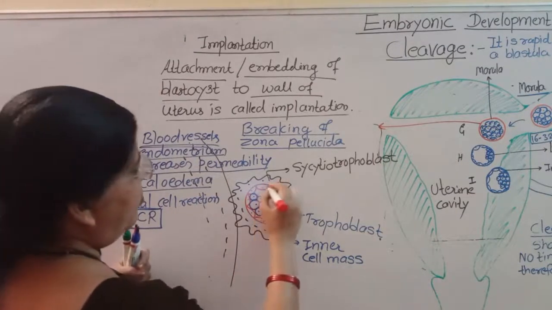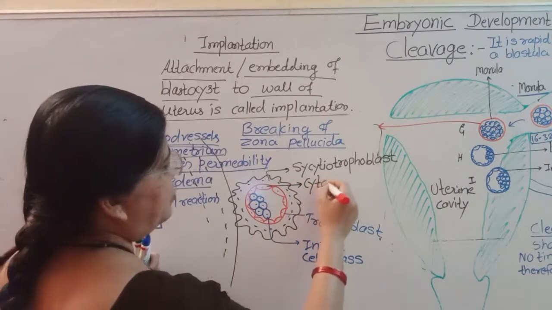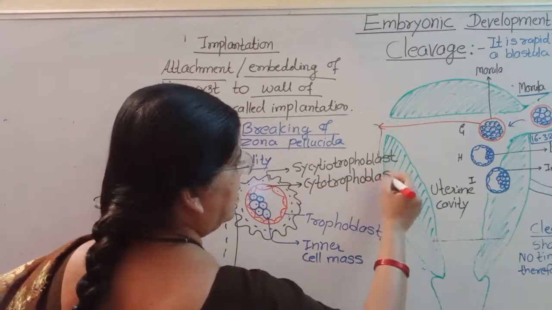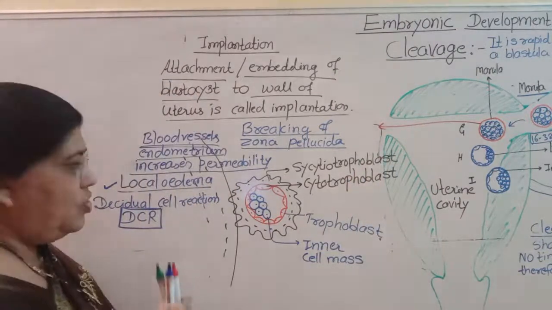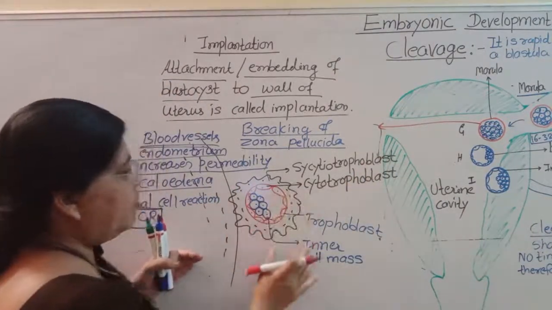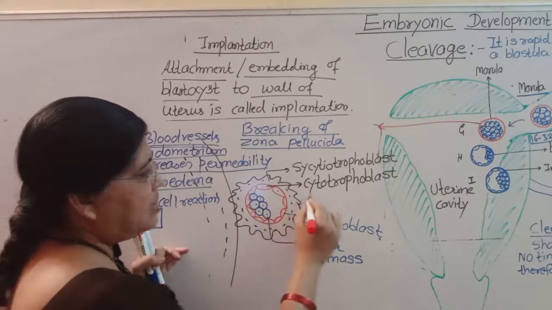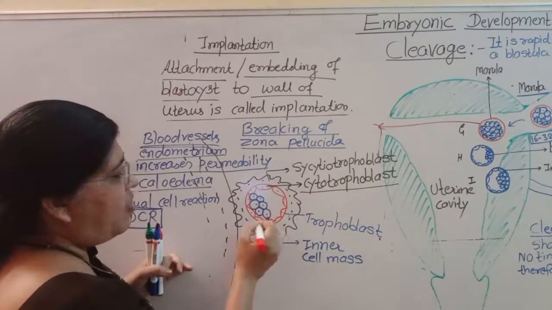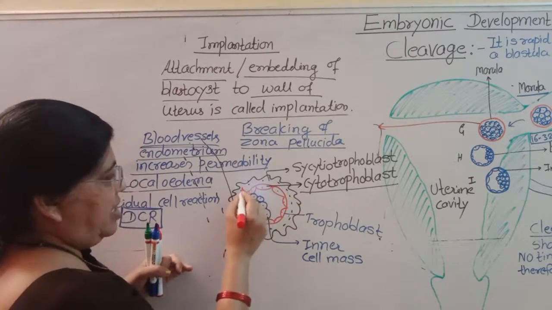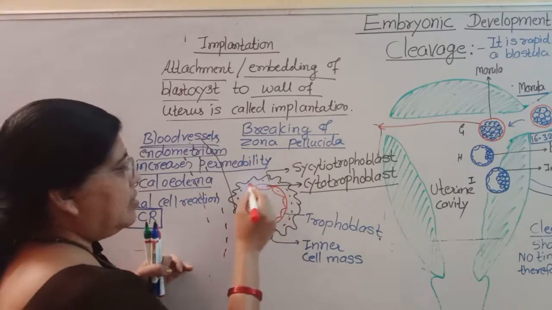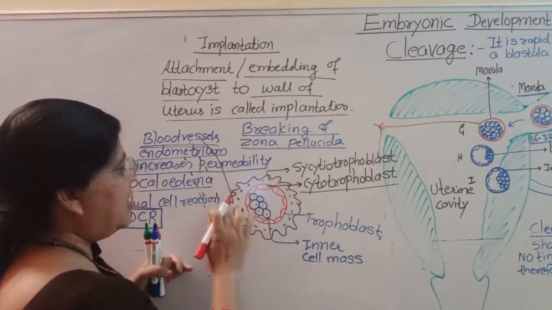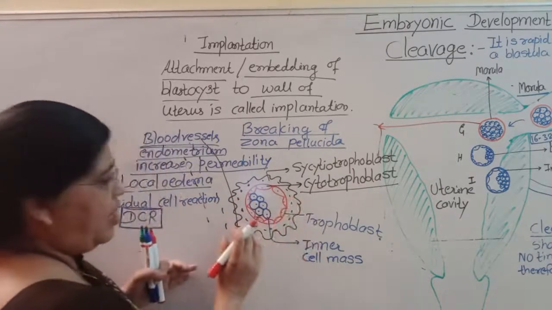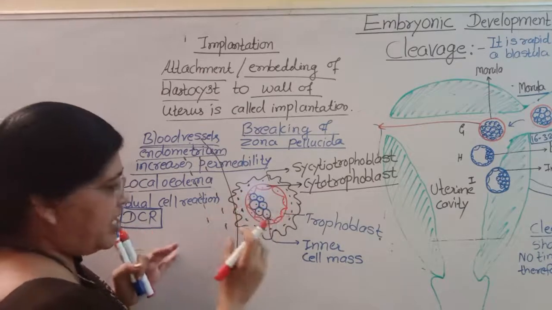This inner layer of trophoblast is called cytotrophoblast. So there are two layers of trophoblast. Cytotrophoblast shows definite boundaries between cells, but in syncytiotrophoblast there is only multinucleate protoplasm.